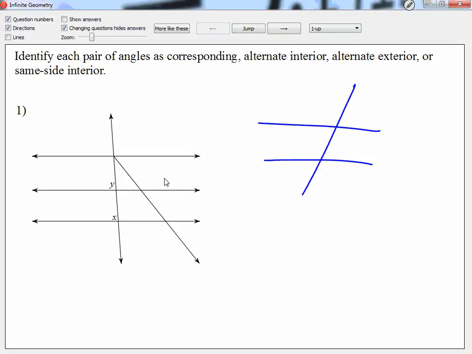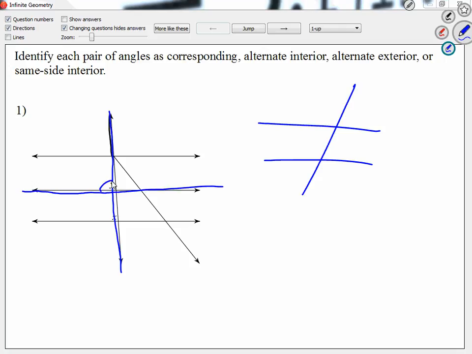Looking at question number 1, angle Y is made by this line and this line. And that's what makes angle Y. Angle X is made by this and this. So you can see which are my two parallel lines and the transversal that I'm going to be looking at.